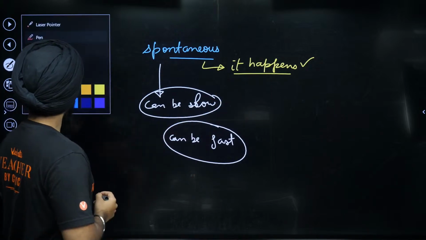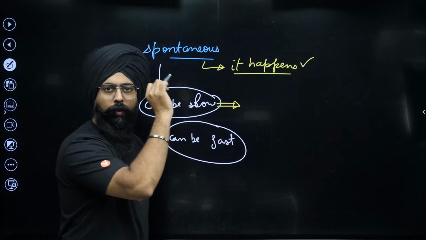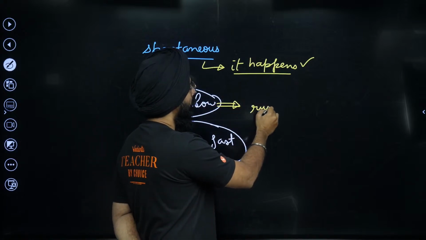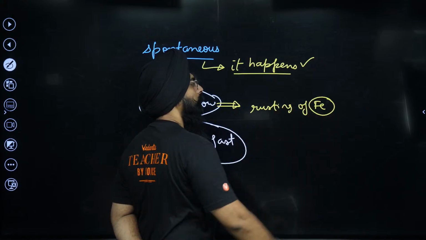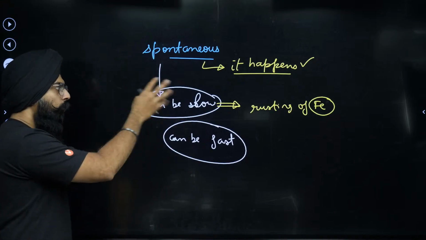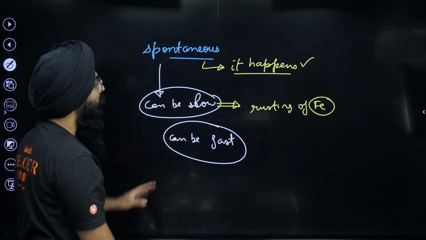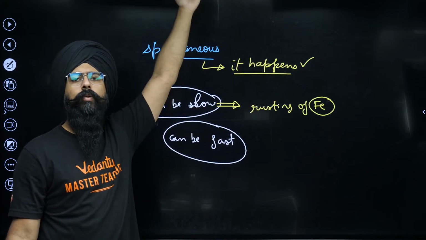Can you give me an example of a slow spontaneous process? The most common example that we study about is rusting of iron. Yes, the slow spontaneous process, rusting of iron, it takes years to happen.